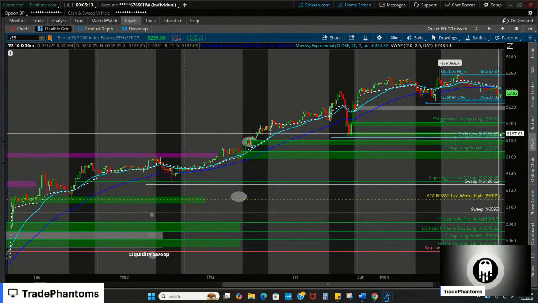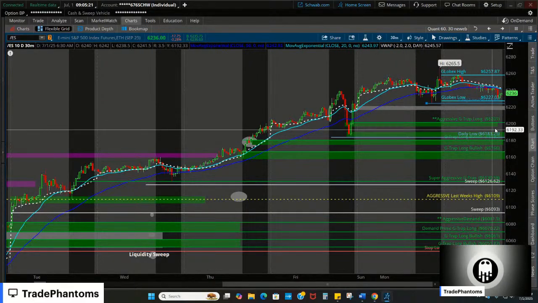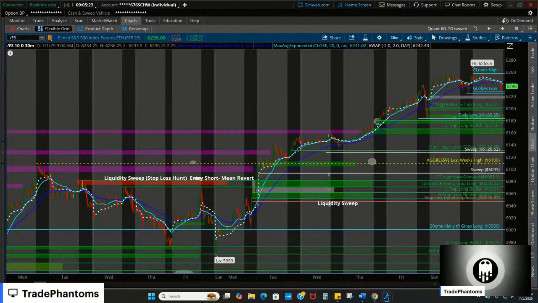Markets are at all-time highs. As people think you can't go any higher, they sell short any kind of red bars down into a level of demand, and we're going to trap them, right? Trap them. So very powerful.